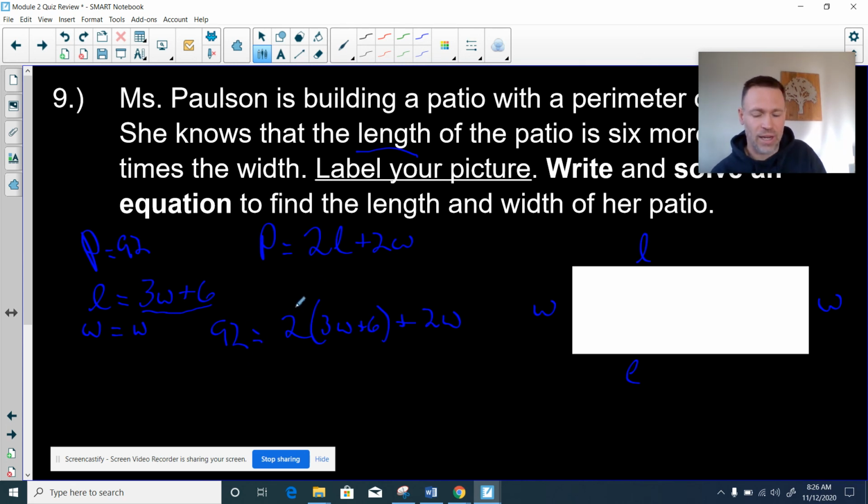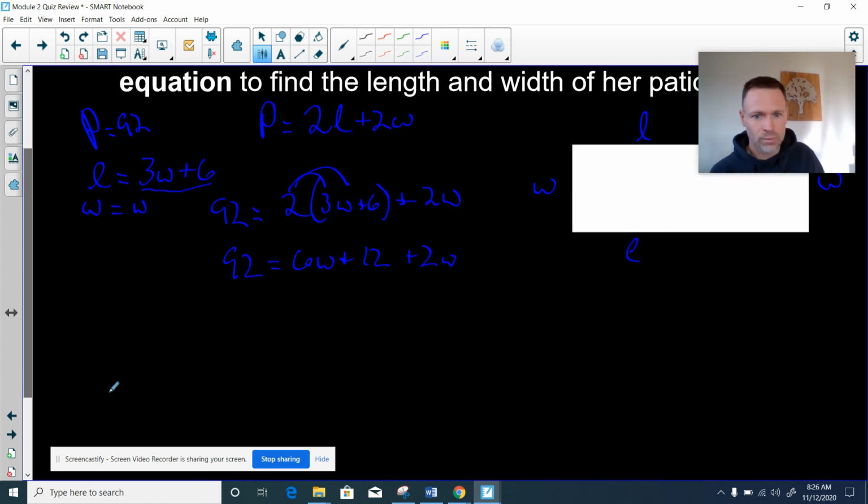So solving this, I have to simplify some stuff first. I have to distribute this 2. 92 is then equal to 6W plus 12 plus 2W. Now I got to simplify this. 6W plus 2W, 92 is equal to 8W plus 12.